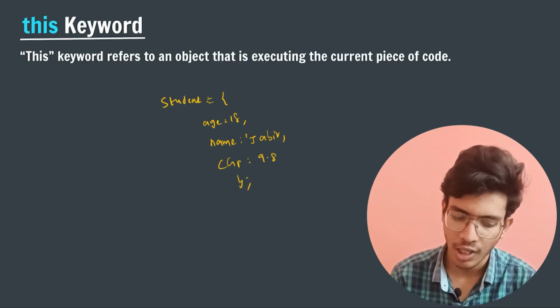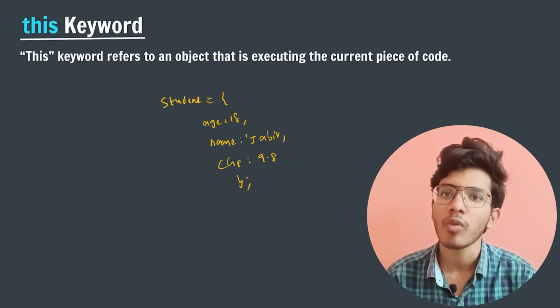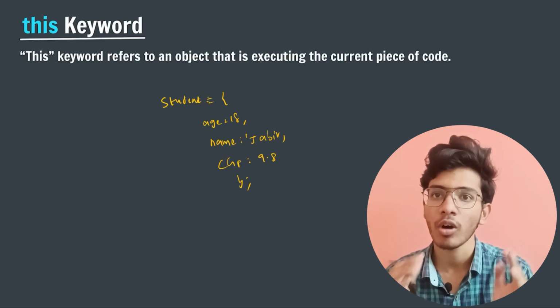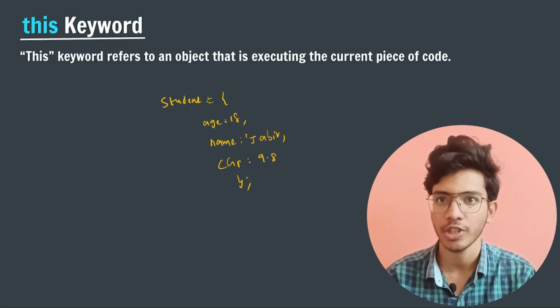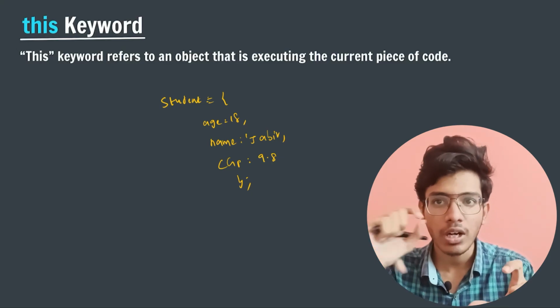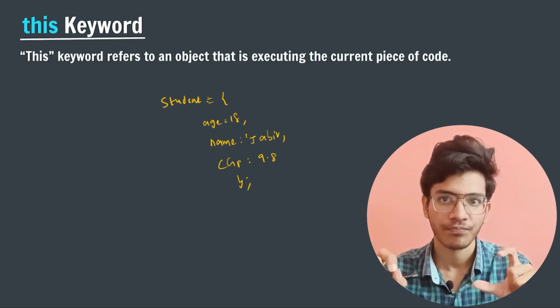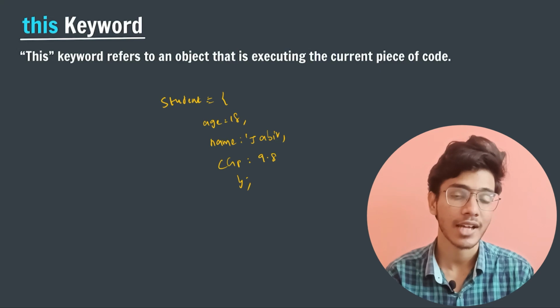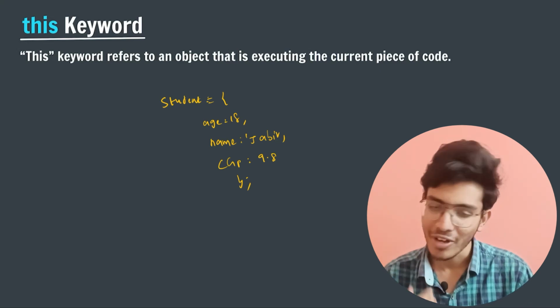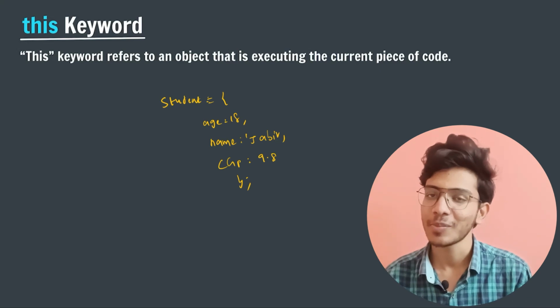So this is the object. Right now what I want is to create a function inside the object, and whenever I call the function, I want to print all the variables of this particular object.